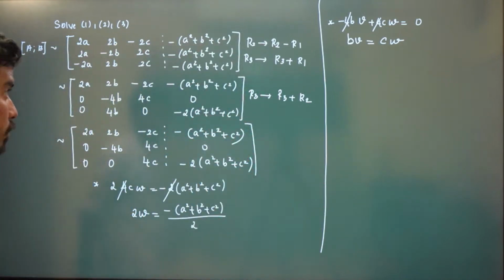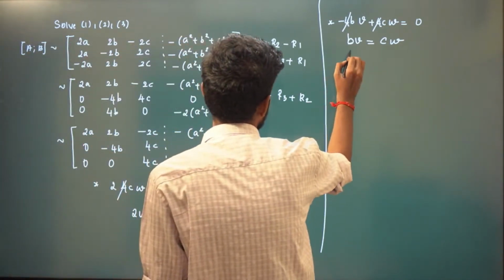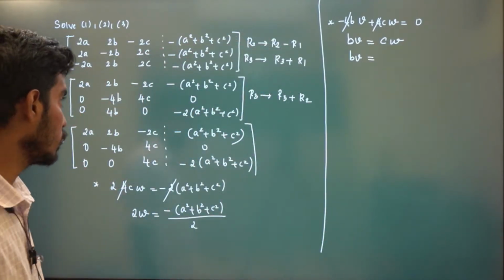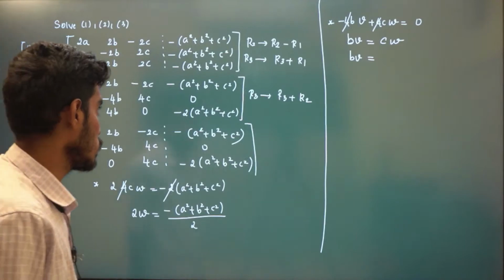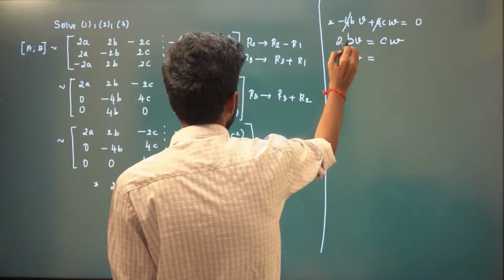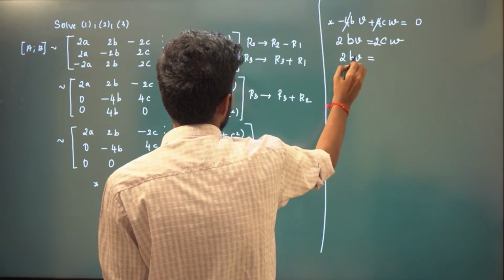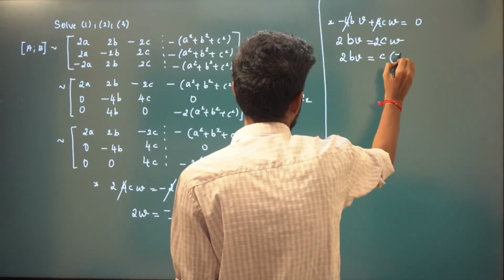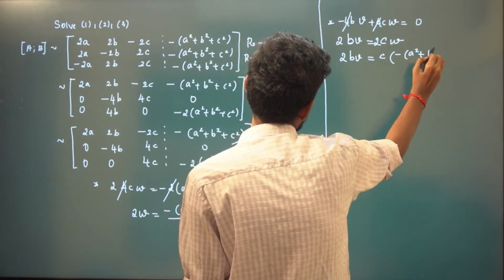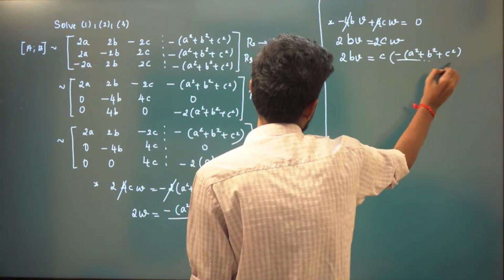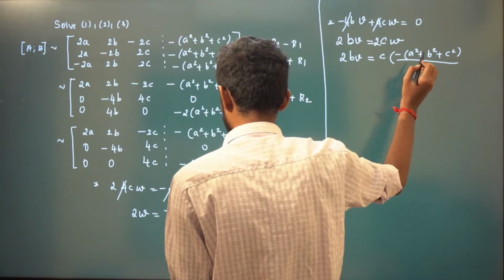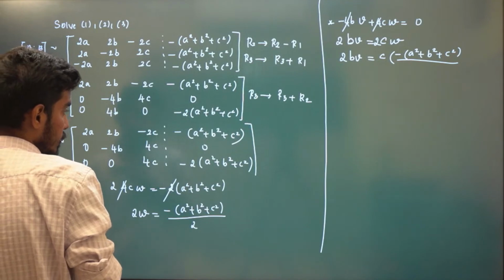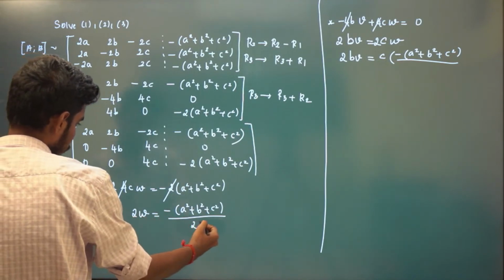And we know what is w. Okay, let us multiply by 2. Now instead of 2w, I will write minus half of (a² + b² + c²) divided by, sorry, just a minute, it is 2c, right?